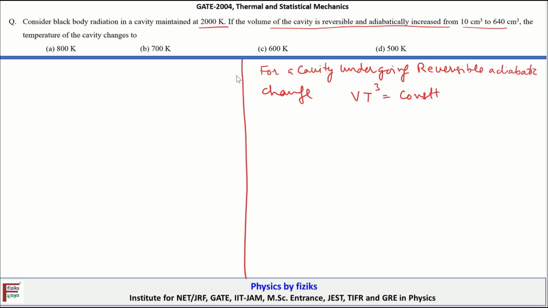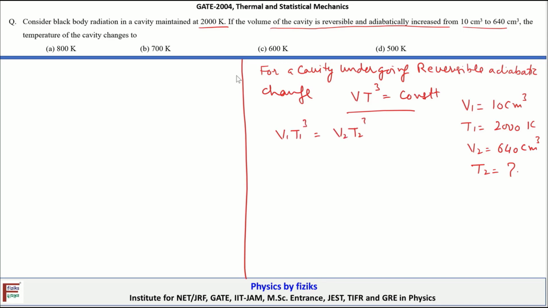The information given to us is that V1, the initial volume, is 10 centimeter cube, T1 is equal to 2000 Kelvin, and V2 is 640 centimeter cube, and T2 we have to find. By applying this result, we can write V1 T1 cube equal to V2 T2 cube.